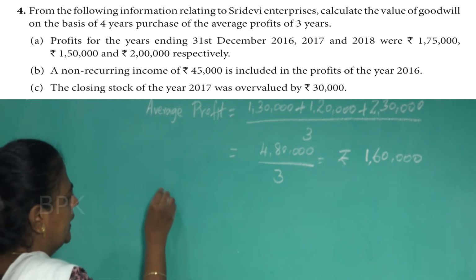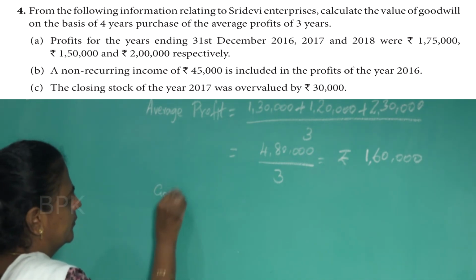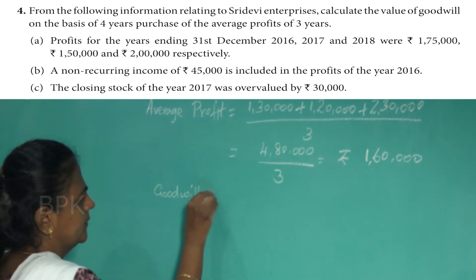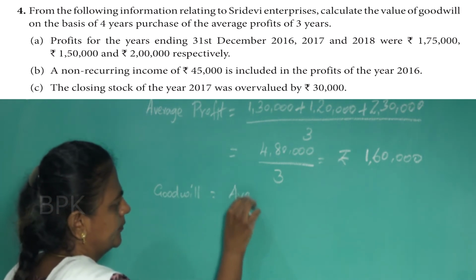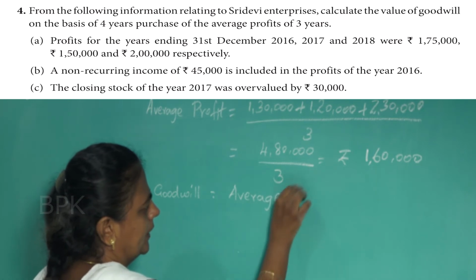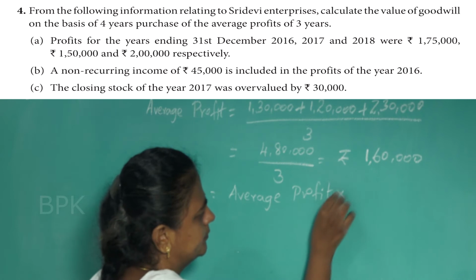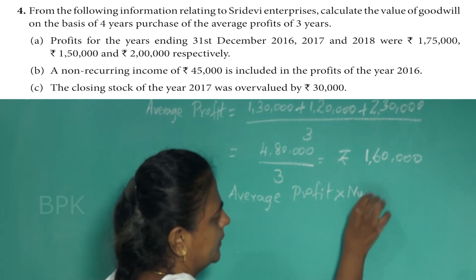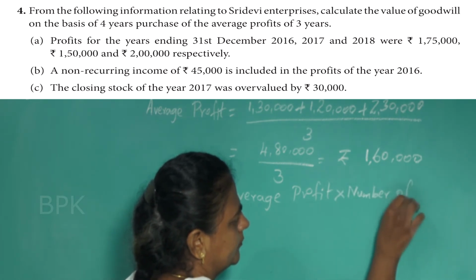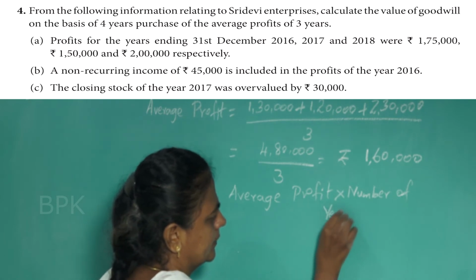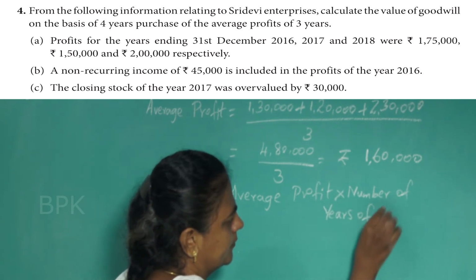You are asked to calculate goodwill. Goodwill is equal to average profit into number of years of purchase.